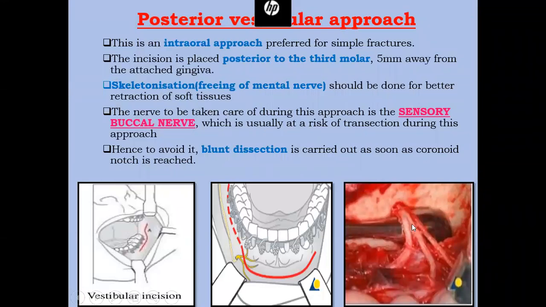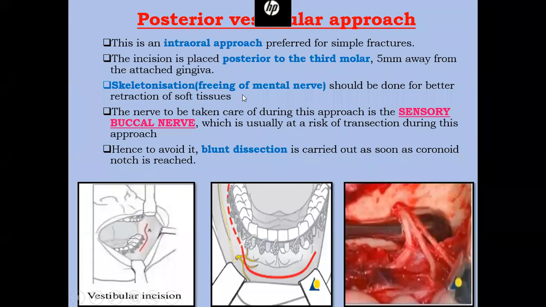Why is this done? Because if we need to do an aggressive retraction of the soft tissues, the mental nerve should not get injured. That means there should not be any kind of traction injury, because, as we all know, neuropraxia or axonotmesis can occur because of that.